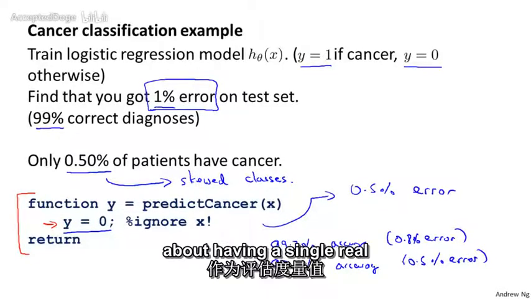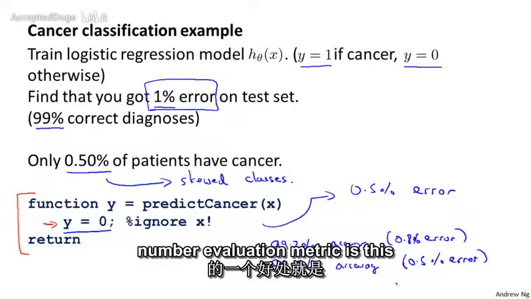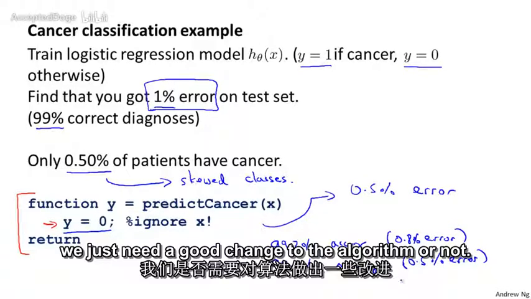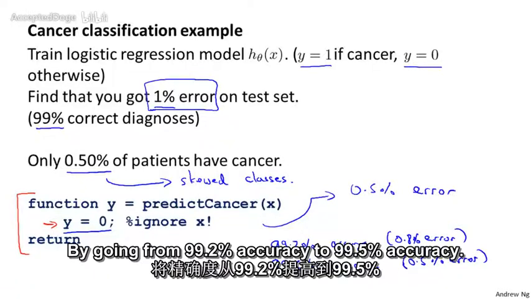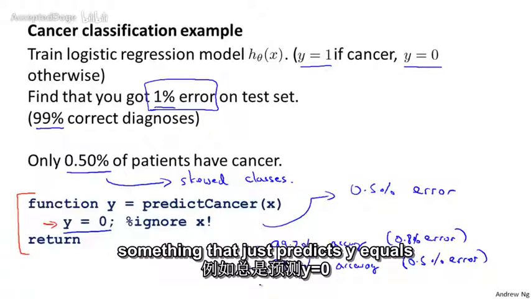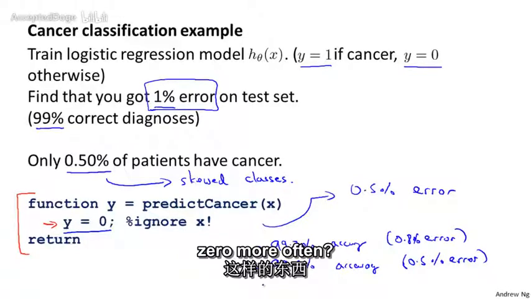One of the nice things about having a single real number evaluation metric is this helps us to quickly decide if we just made a good change to the algorithm or not. By going from 99.2% accuracy to 99.5% accuracy, did we just do something useful, or did we just replace our code with something that just predicts y equals 0 more often?